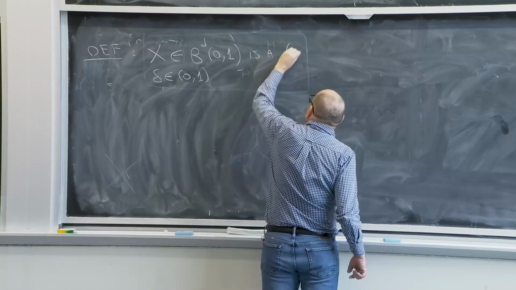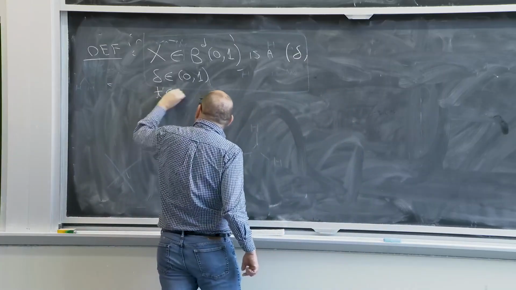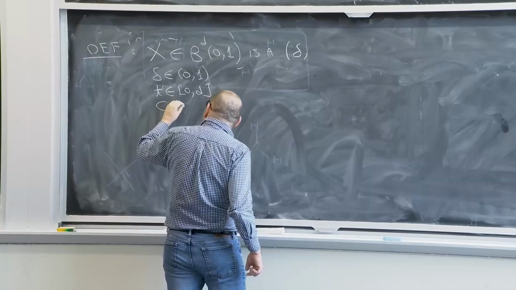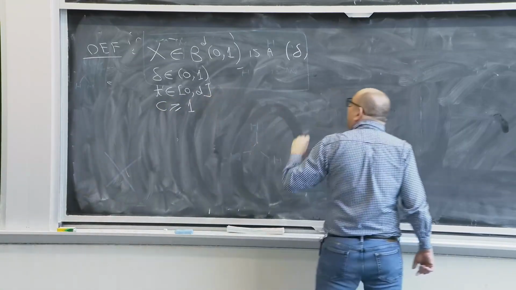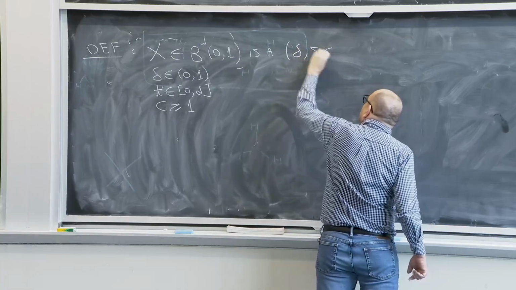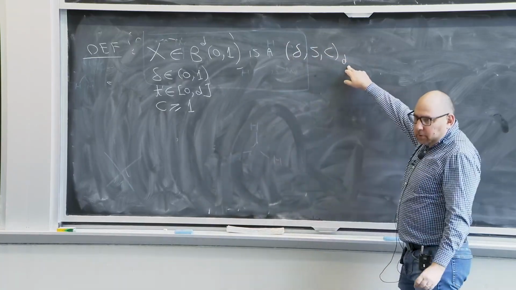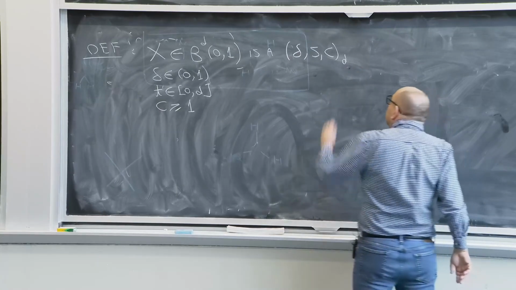And then we have a parameter s, which is between 0 and d, and then we have a constant, which is positive, let's say at least 1. So we say that X is a (delta, s, C, d) set. This d tells us the ambient dimension, and I will probably forget to write it down, or it will be clear from context.